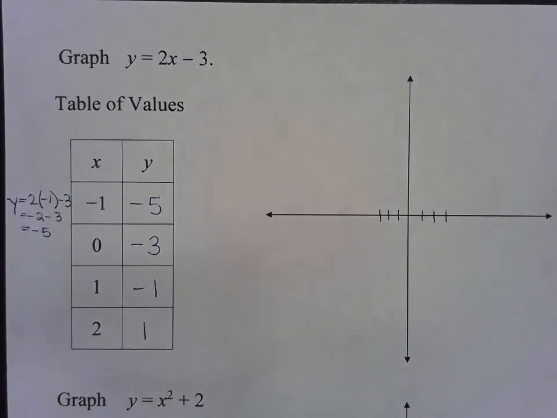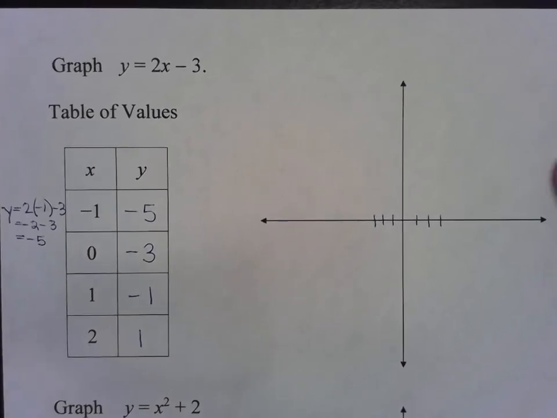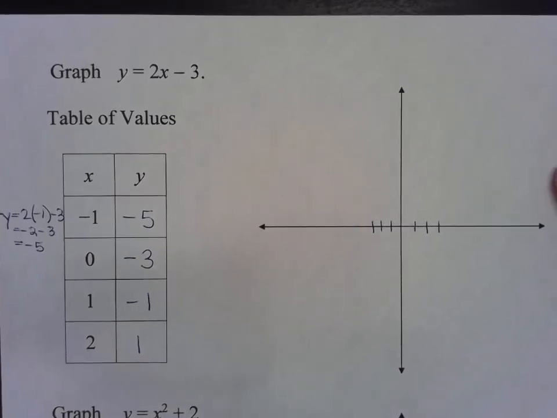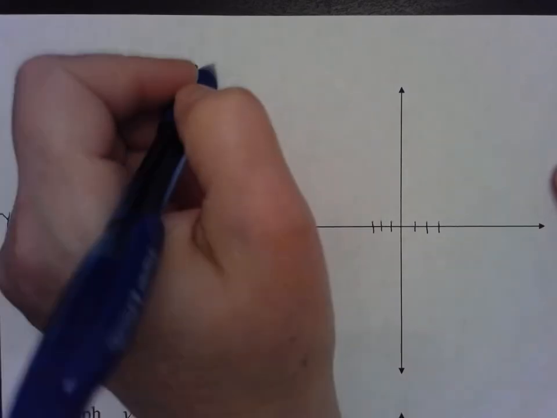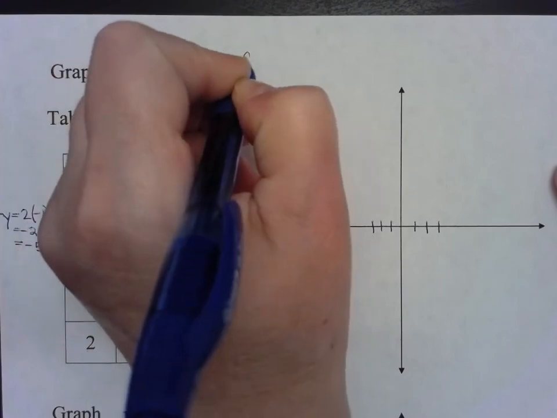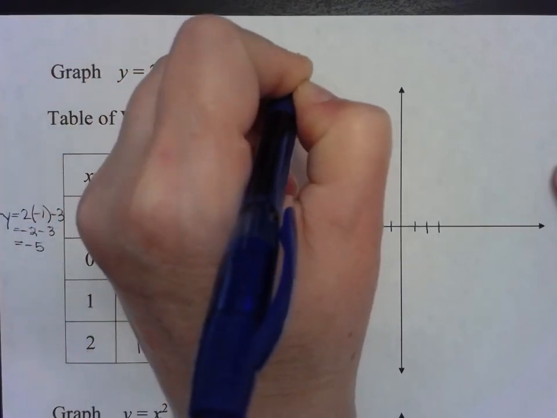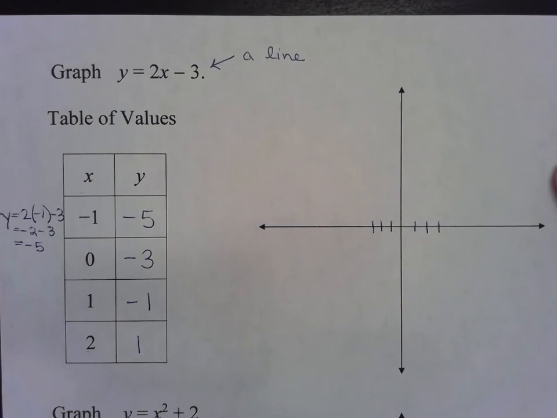And then I can plot those. Right now I'm not going to give you a whole lot of expectations, as we haven't talked about the shapes of the graph at all. We will, but for now I'm just going to tell you that this is a line. Okay, so all of these points should line up in a straight line.